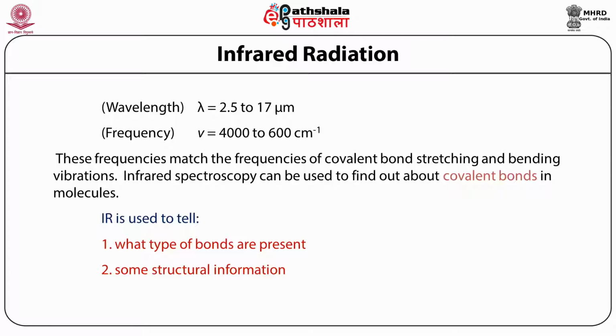Infrared spectroscopy can be used to find out about the covalent bonds in a molecule. It tells you what type of bond is present in a molecule, and based on that you can gain some insight into the structural information of the molecules under investigation.